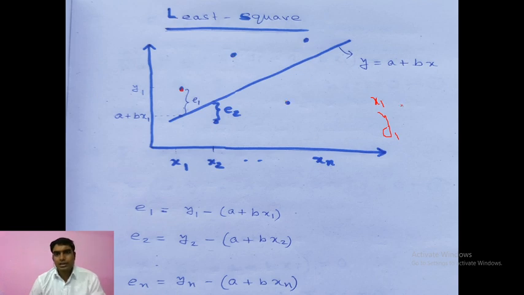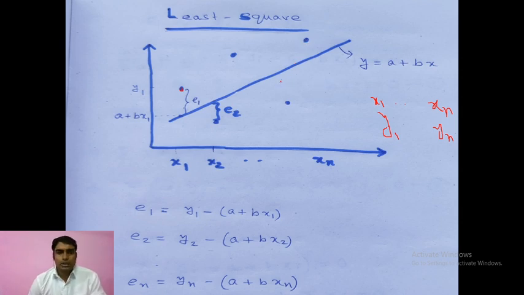Suppose there are n points up to xn, and first we are plotting these x and y points on the xy axis. So different x points and their different y points are there, and their exact locations are shown in this diagram.